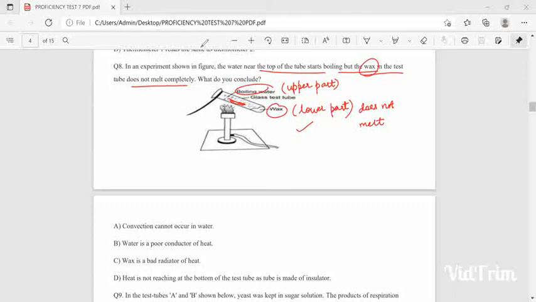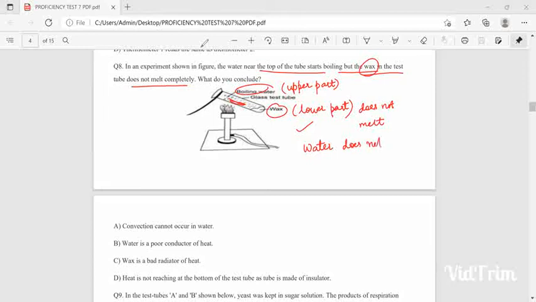Now what is the reason? This clearly shows that water does not conduct heat to the wax. This boiling water has not conducted heat to the wax, which means that water is a poor conductor of heat.